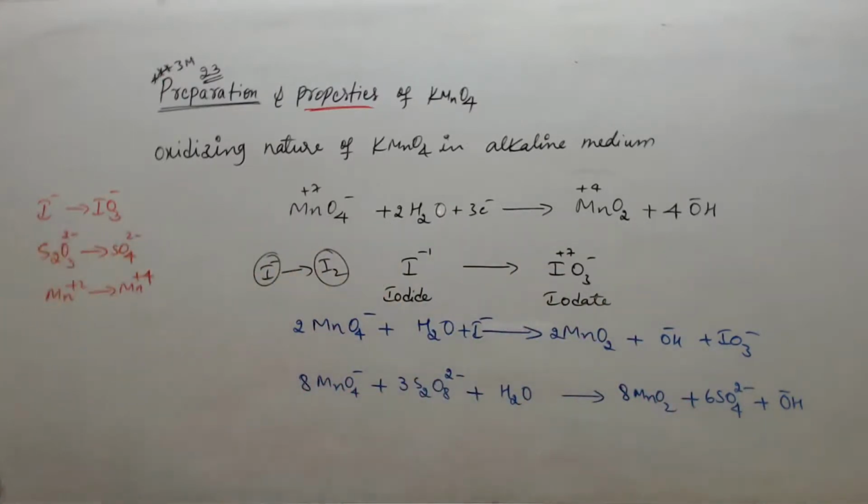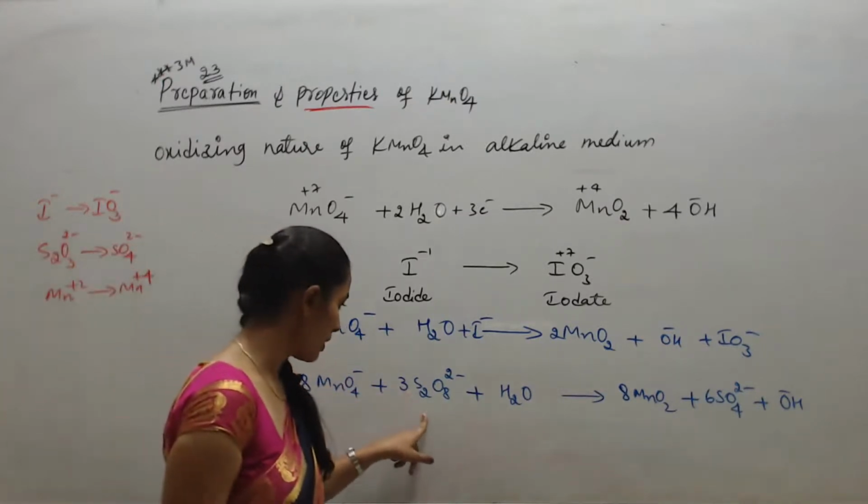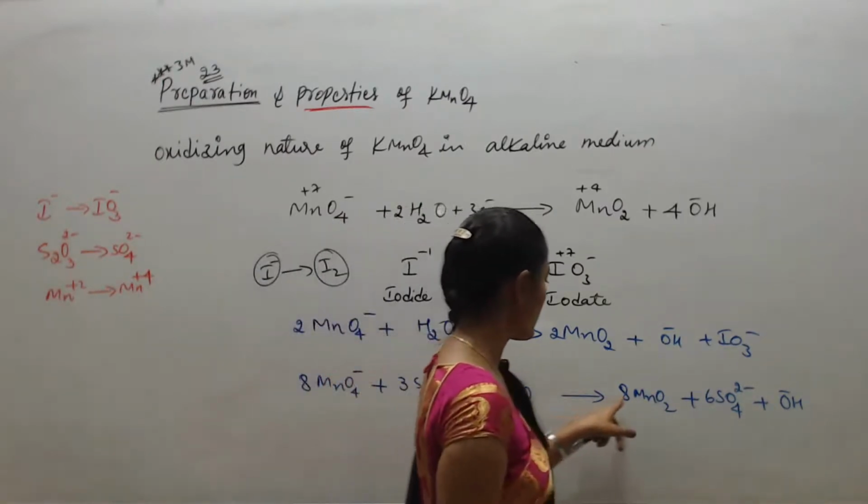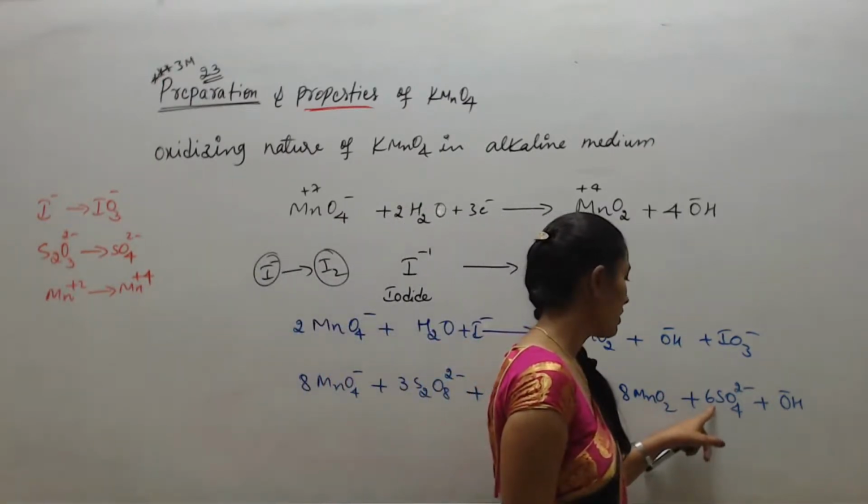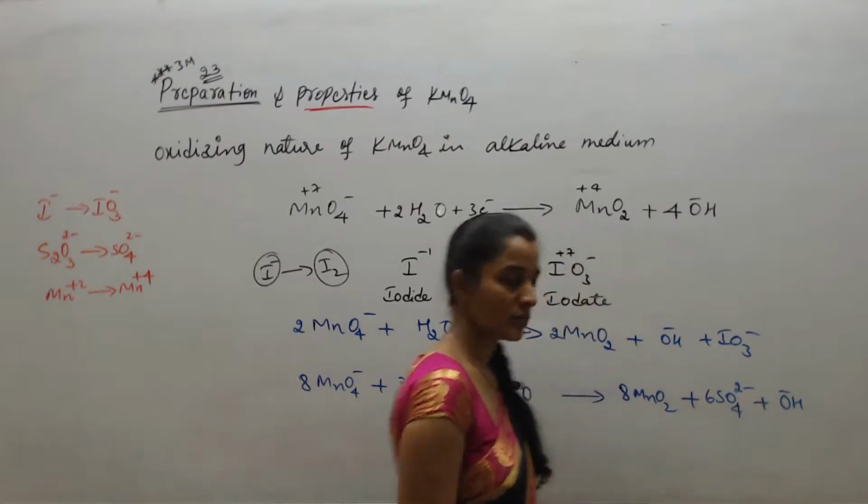So this is the answer. Okay. So this is what? 8 MnO4 minus reacts with 3S2O8 2 minus and H2O gives rise to 8MnO2 plus 6SO4 2 minus plus OH minus.